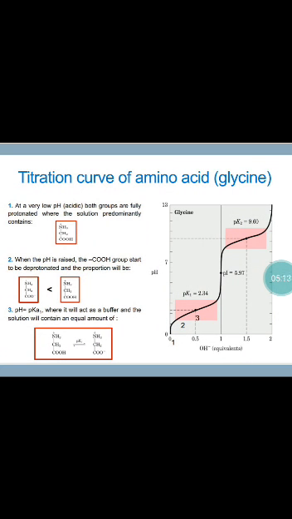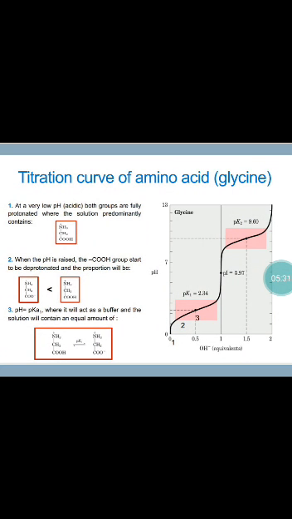At a very low pH, both acidic groups are fully protonated, where the solution predominantly contains the fully protonated form. What is meant by protonated? Protonated means addition of protons. When the pH is raised, the COOH groups start to be deprotonated.